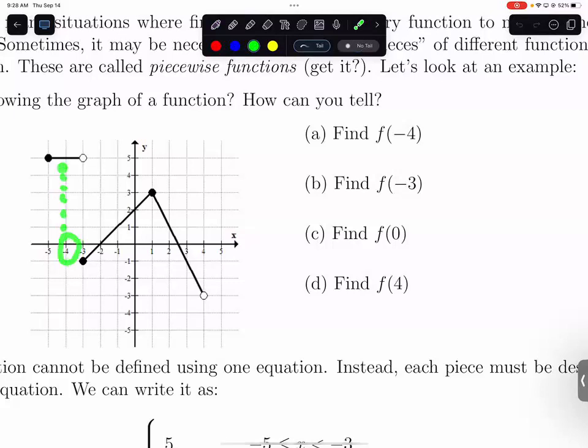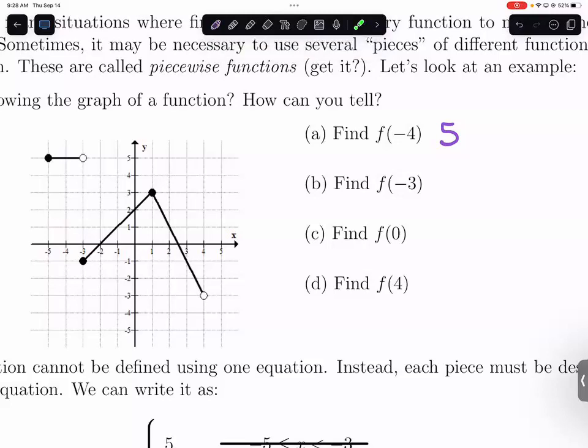Because you go to -4, you find the function, and the y value is 5. What about -3? Same idea. That's the x value. I go find the x value and I see what happens. There's a little bit of a weird thing at -3. If I look for the function, I see this, but I also see this. So what's f of -3? -1, because that one's filled in, the other one's not.